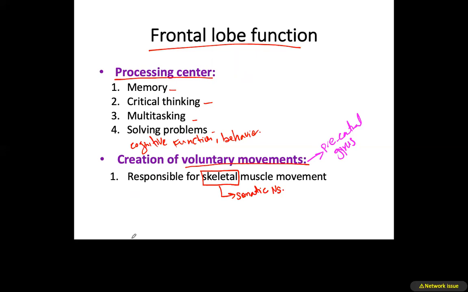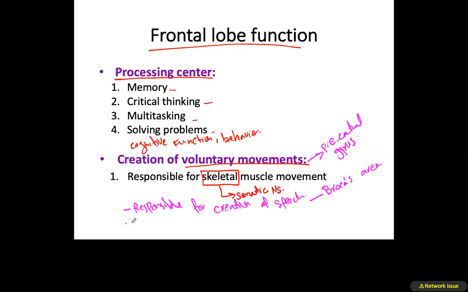Something else I would like you guys to add to this is, when we're talking about voluntary movement, what does that also include in addition to the skeletal movement? It is also responsible for creation of speech. So moving your tongue, vocal cords, everything coming together is associated with your frontal lobe. You actually have a specific region called Broca's area that does that.